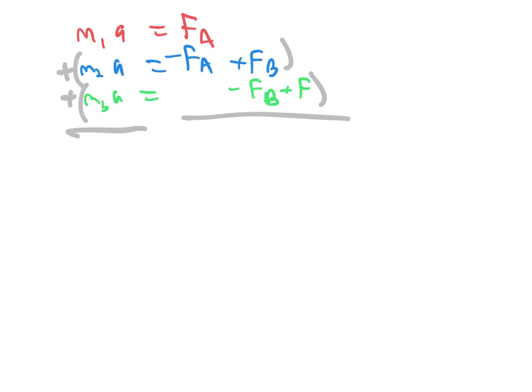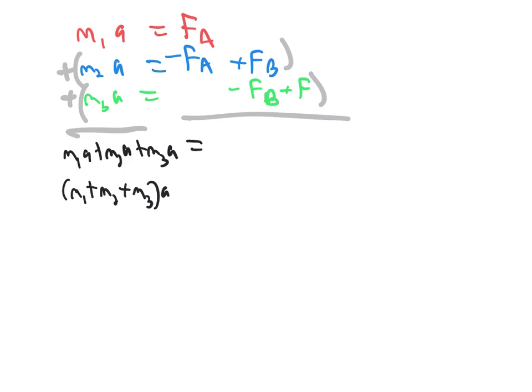Well, on this side, we end up with M1A plus M2A plus M3A, which we can basically also pull out and say M1 plus M2 plus M3 times A. On the right-hand side, we get some kind of weirdnesses going on.